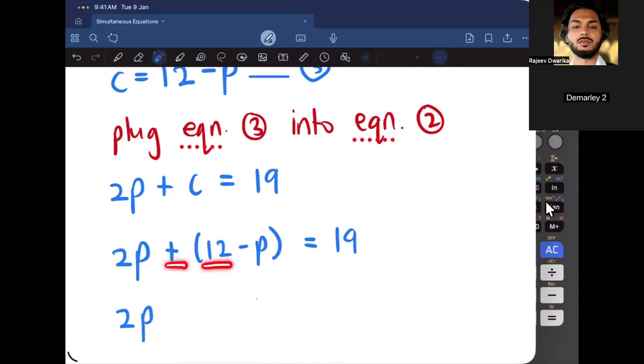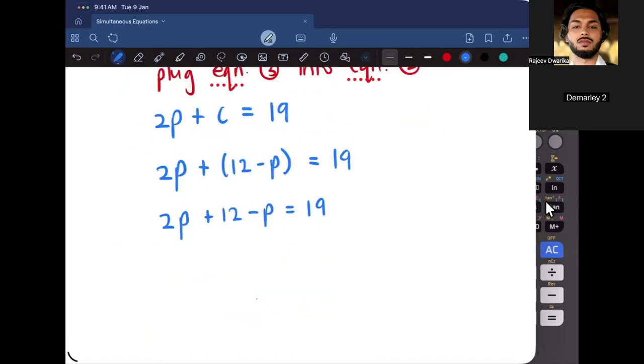That's 12. If I multiply plus 1 by minus P, what is that? Minus P. So you see that nothing changed. But if this was a negative sign, you would have had to say negative 1 by 12 is negative 12, and negative 1 by negative P is plus P. Understand? That's why you need to put your brackets. And so you're going to end up with plus 12 minus P is equal to 19.